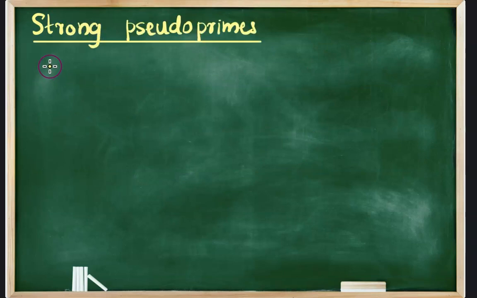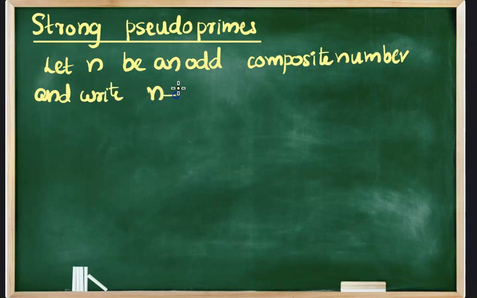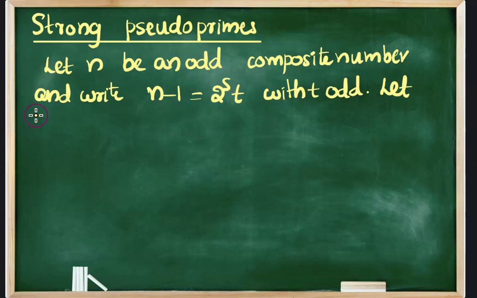Definition: let n be an odd composite number and write n minus 1 equal to 2 raised to s into t with t odd. Let b be a member of Z by nZ star, so b and n are relatively prime.